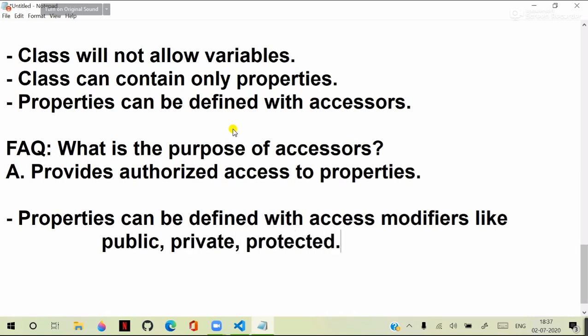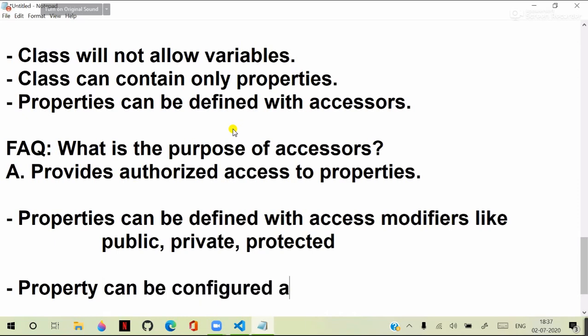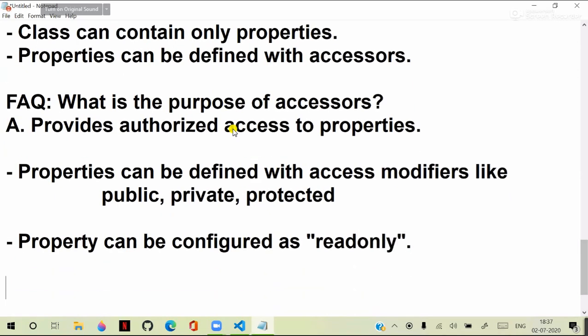That also I showed you what is difference between those public, private, and protected. And property can be configured as read only. What is the purpose of read only property? What do you say?